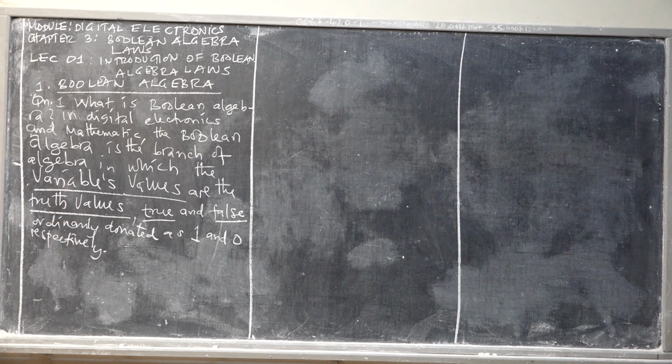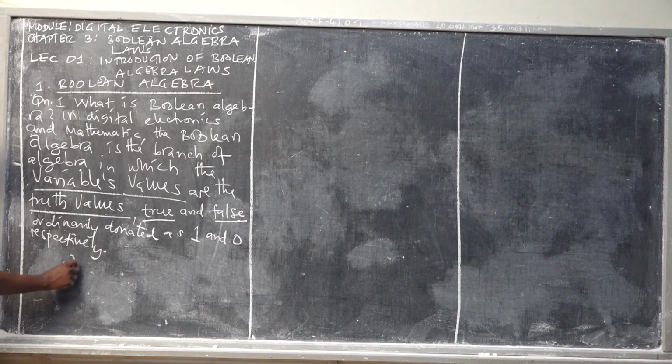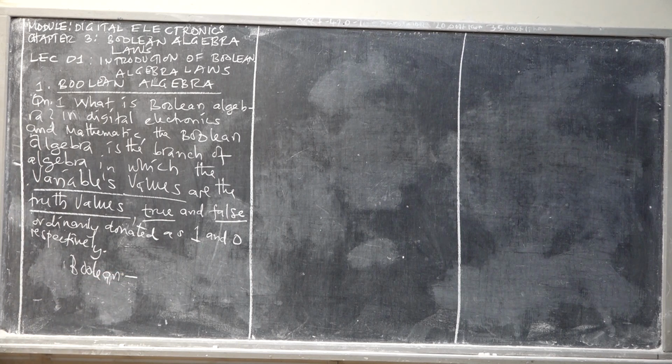These are the simple definitions of Boolean algebra. Before we discuss Boolean algebra laws, we have to understand first, because the word Boolean algebra is a vocabulary for beginners. Are we together? Yes. First of all, the word Boolean is the name of the physicist who introduced or discovered the concepts of binary numbers, or the concepts of Boolean algebra.